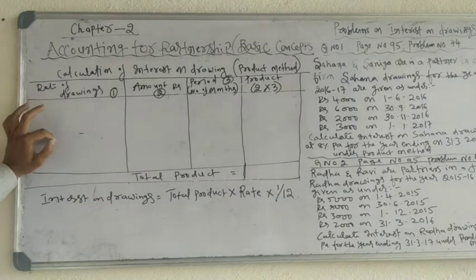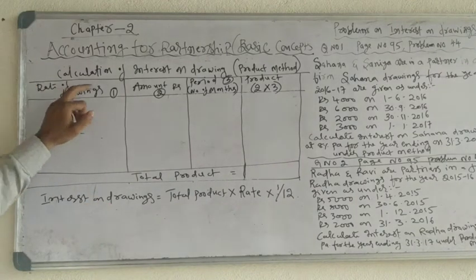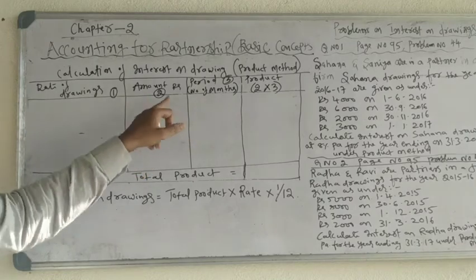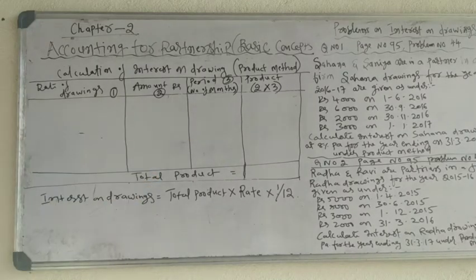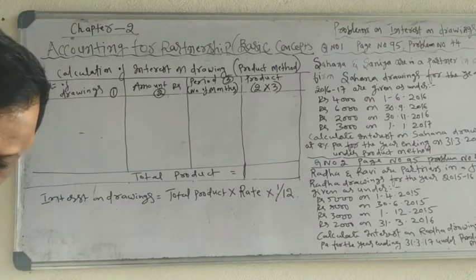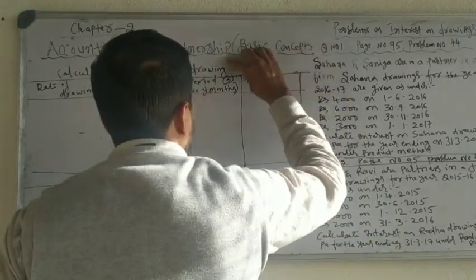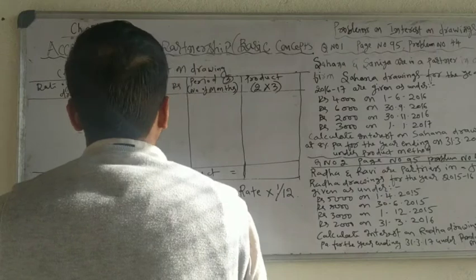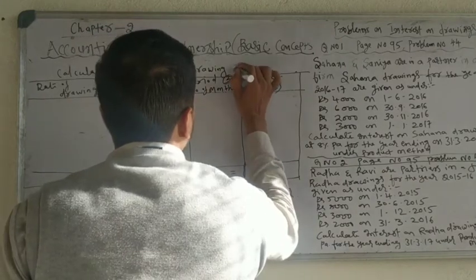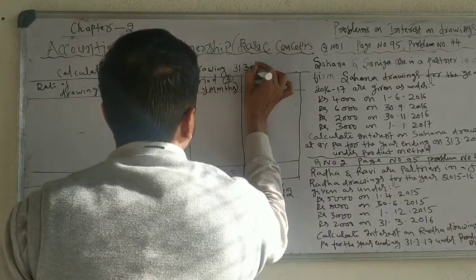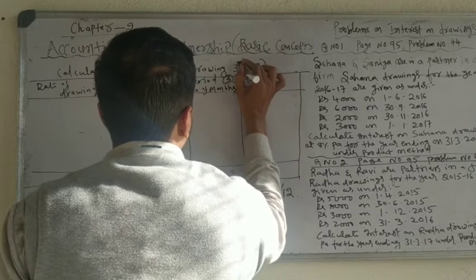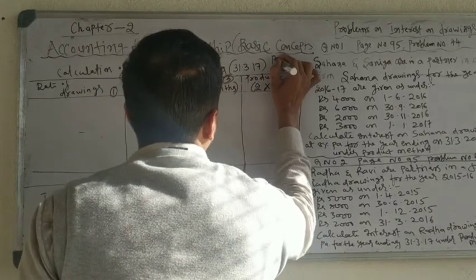First column, date of drawings. Second column, amount, how much she has withdrawn. So first we will write the date of drawings and amount. Before that, I will write the year ending here: year ending 31/3/17, product method.